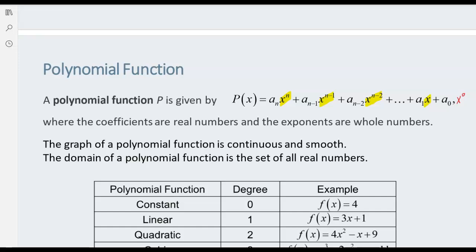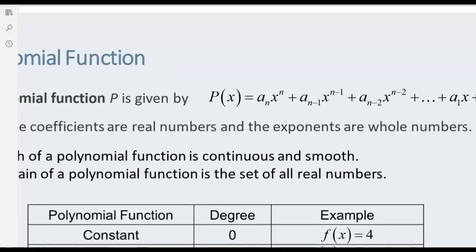Just a number. You can see that all of the coefficients in front of the variables have this numbering convention. We've labeled a sub n, meaning that there's a subscript, the number written just below it. The number n is going to match with the exponent.